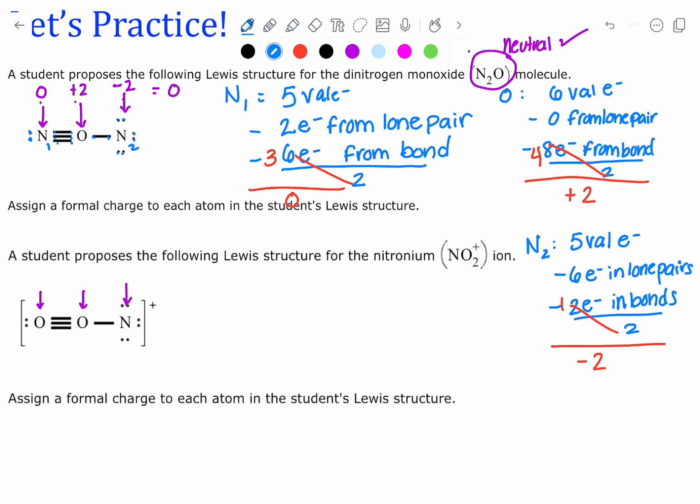Let's label our oxygens so we know we're doing the right ones. We have O1 and O2. So we'll start off, we'll go left to right, we'll do O1 first. Oxygen, we know, has 6 valence electrons. In this structure, it has 2 electrons that are in lone pairs.